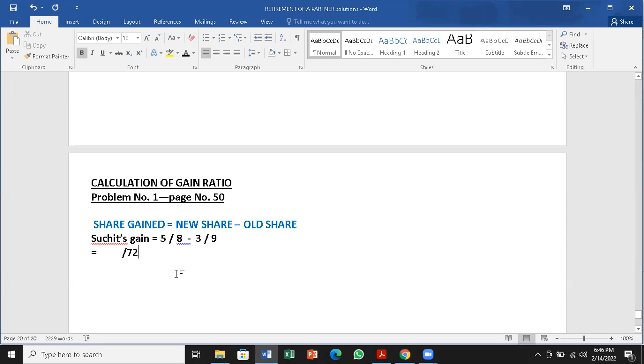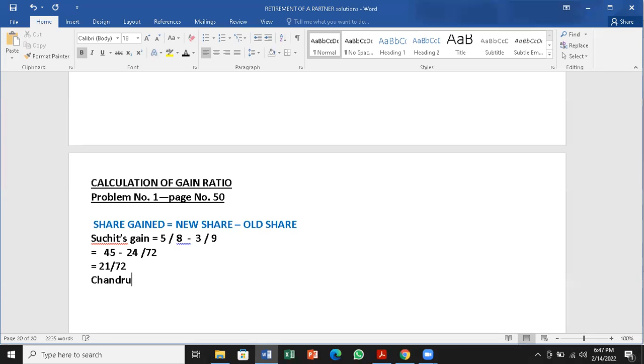Divided by 8 will be 9. 9 into 5 is 45, minus 72 divided by 9 will be 8. 8 into the numerator, that is 3, 24. So 45 minus 24 will be 21 by 72. That is for Suchit.